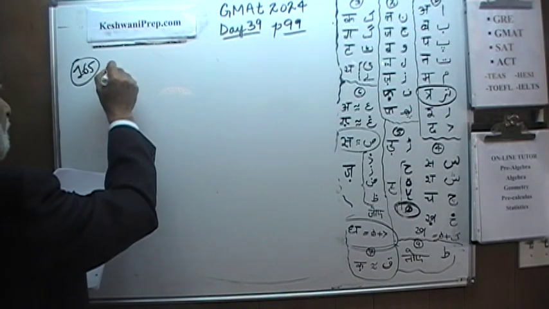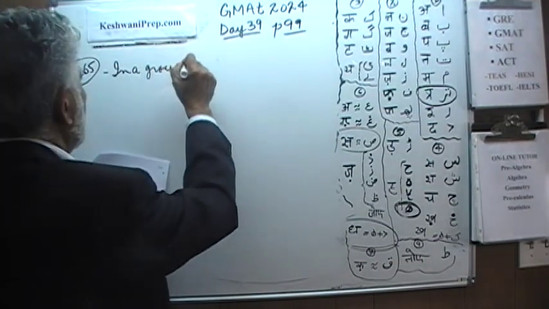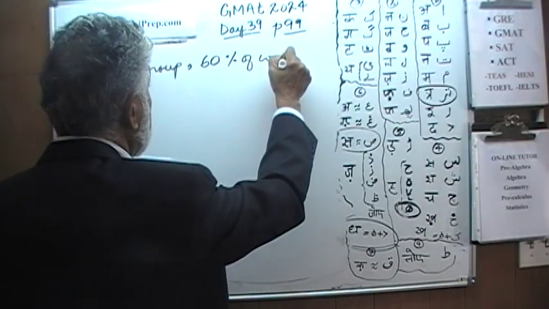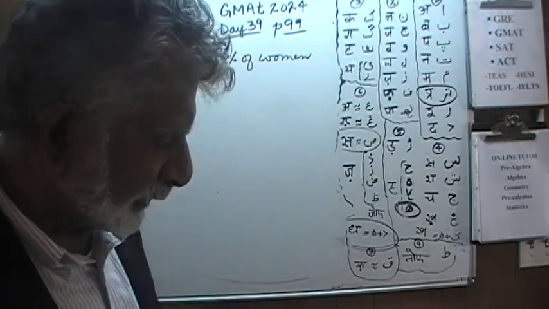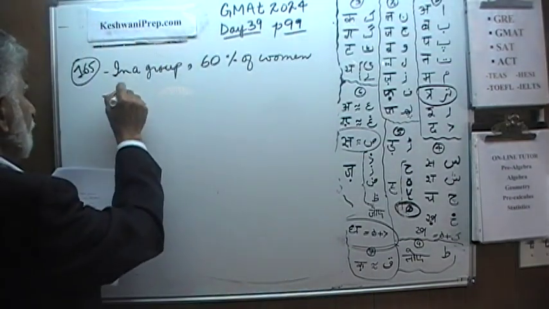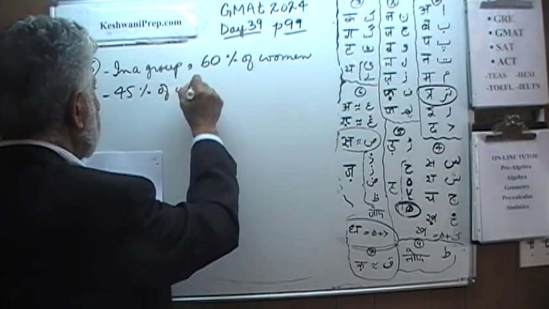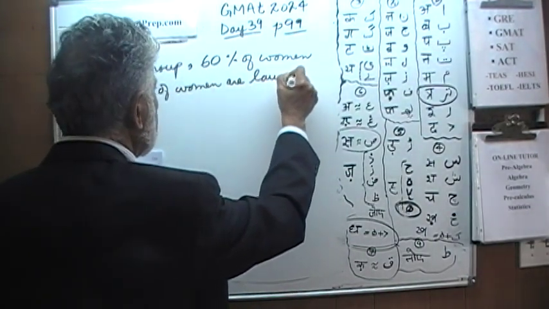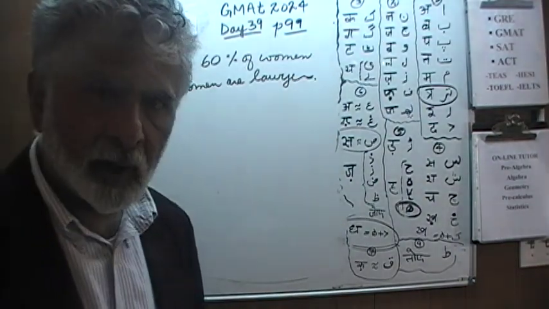We are told that we have a group of people in which 60% of them are women. We are further told that 45% of women are lawyers. 45% of the women in this group happen to be lawyers.